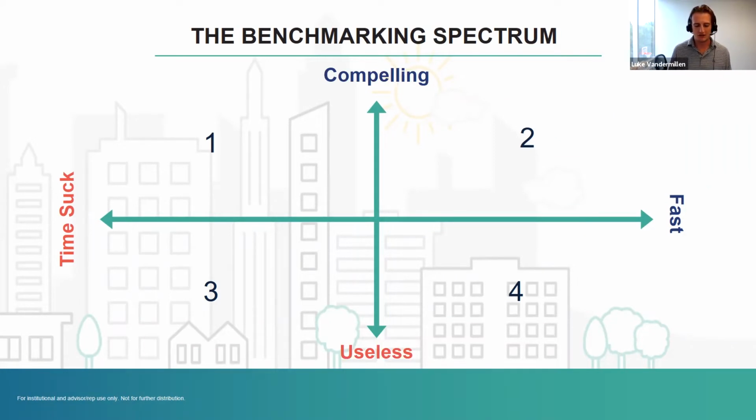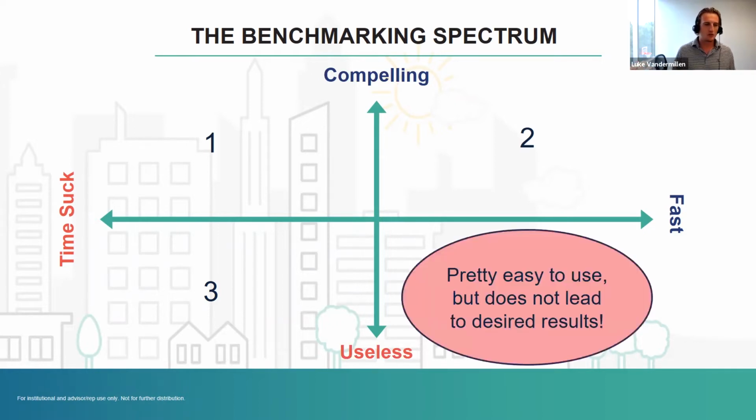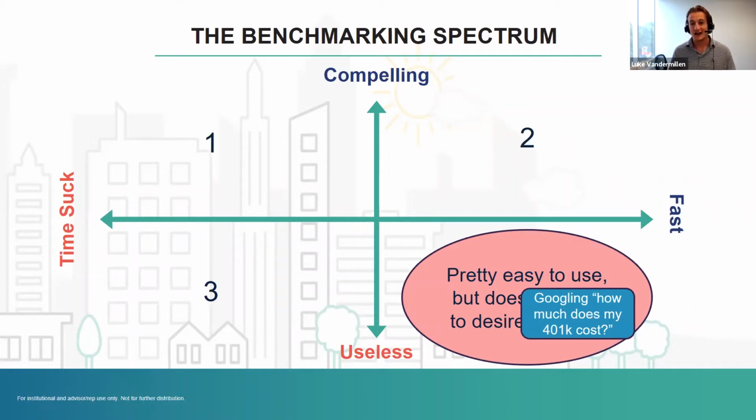A report is great if it's fast and really pretty with nice colors, but if the information isn't compelling to the plan sponsor, it's wasted time. And so with the benchmarking resources that are out there, we have, in the lower right quadrant here, easy to use, but doesn't lead to desired results like winning new business or lowering fees and driving participant outcomes. So a lot of things that I've seen advisors do.